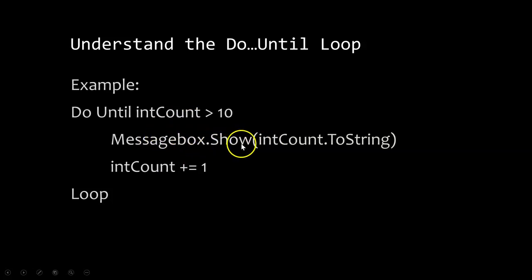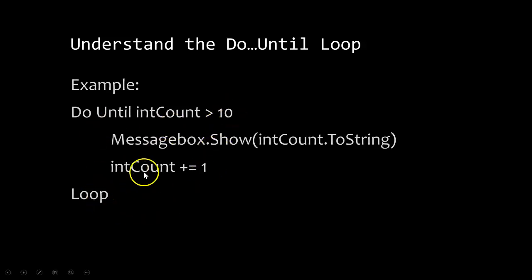This one says do a MessageBox.Show, showing the count, and then increment the count. We want to make sure that whatever our condition is, it has to be able to be met sooner or later, or we fall into an infinite loop, meaning we'll never come out of the loop.